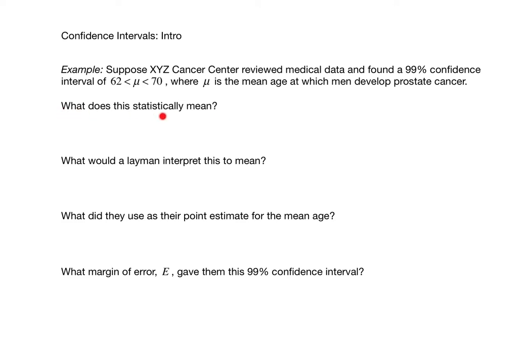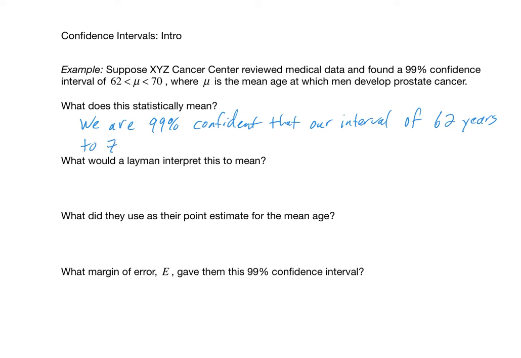So what does this statistically mean? 99% confident means that we are 99% confident that our interval of 62 years to 70 years contains the population mean age for men that develop prostate cancer.